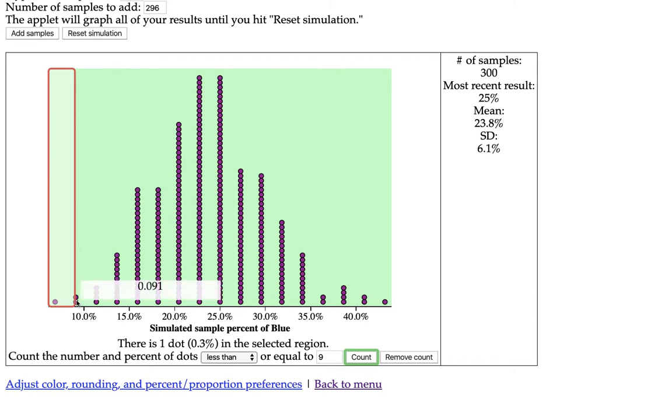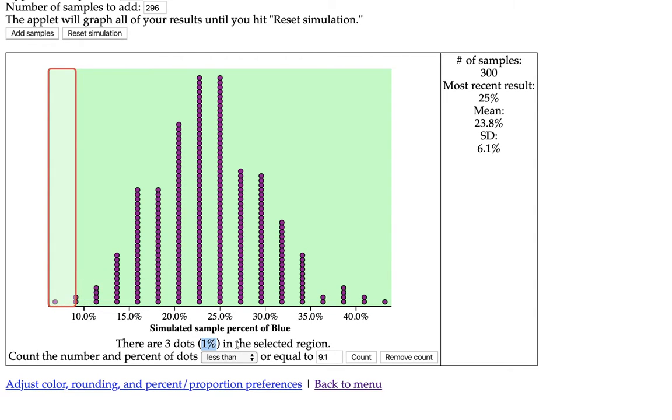And we see that value or worse, should really do 9.1% because that's what it rounds to, there's 3 dots at that or worse. Look how far away 9% is from the 24%. It's really far away. It's super unlikely to occur. In fact, it only occurs 1% of the time at this value or worse.